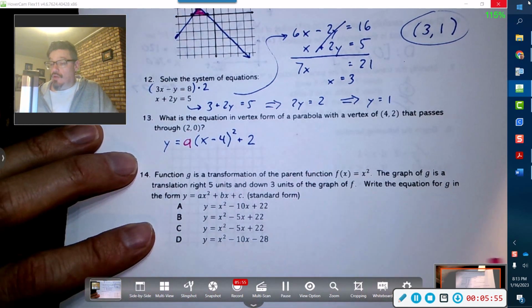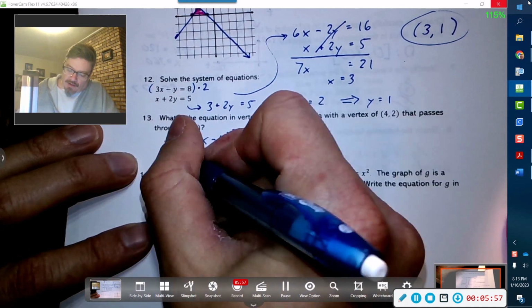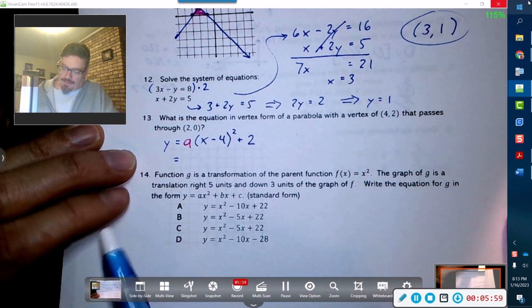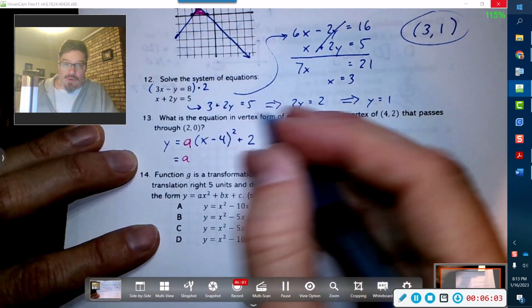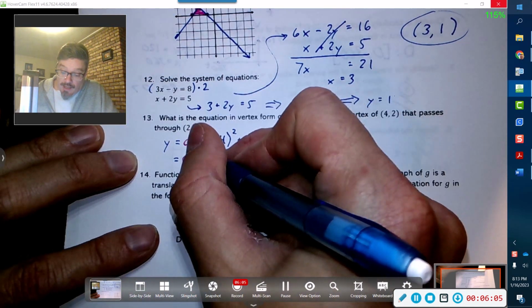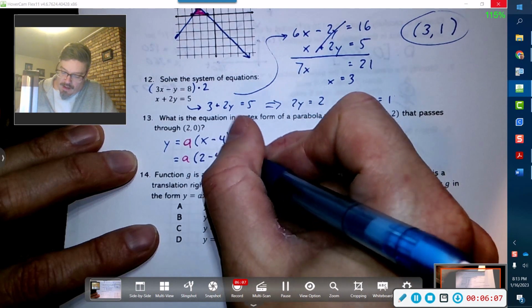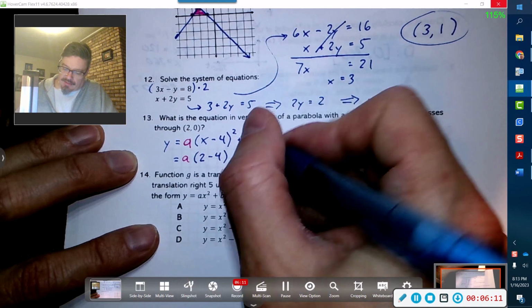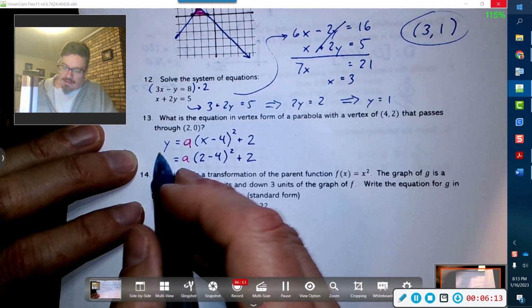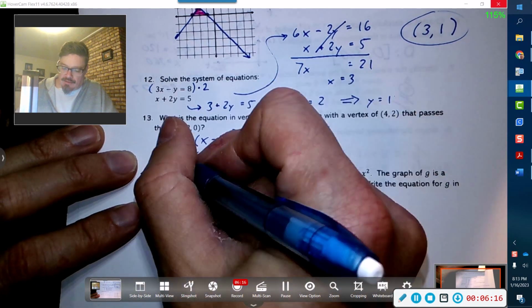So what you do is this. Now you don't know what the A is, but it has to pass through the point. So you plug in the point. The X is actually 2, so we substitute the X for 2, and then the Y has to be 0.